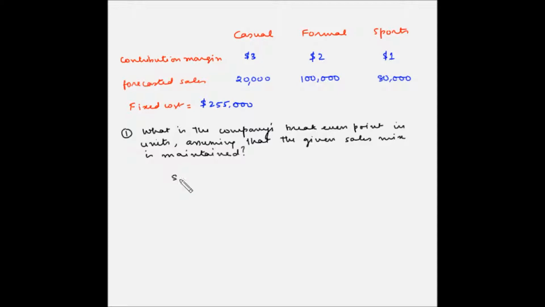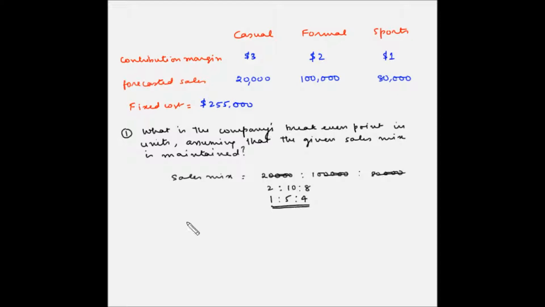So the given sales mix is 20,000 is to 100,000 is to 80,000, which is nothing but, we can cancel these 4 zeros in each of these numbers. So 2 is to 10 is to 8, and then we can divide each of these by 2. So we get 1 is to 5 is to 4. So this is the sales mix of these three products.